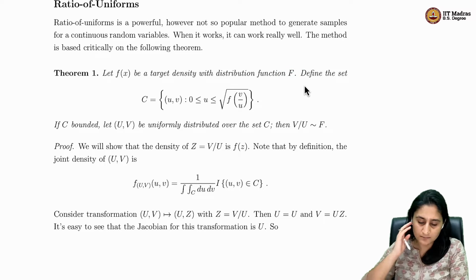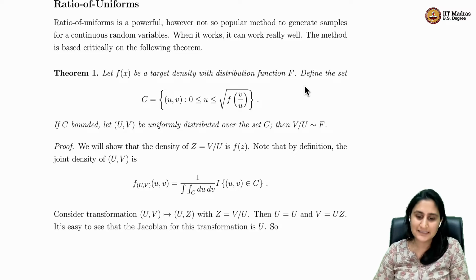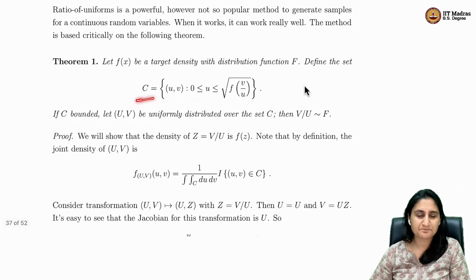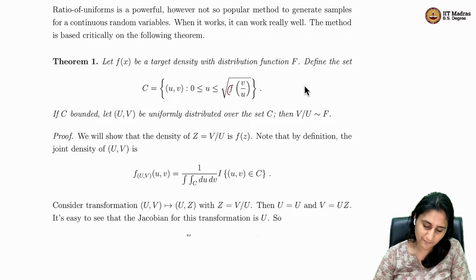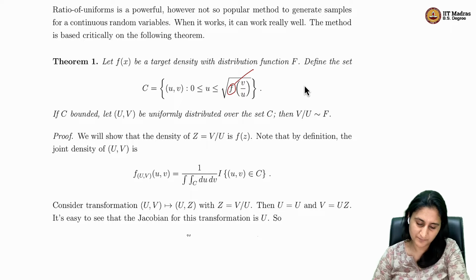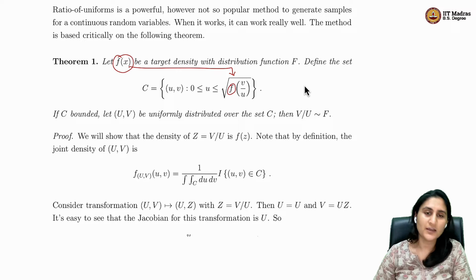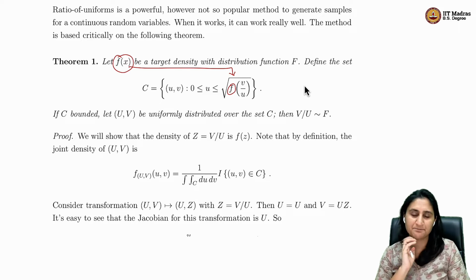Now we define the following set. It's quite arbitrary, but we define the set C such that it is the set of all tuples u and v, such that u is bounded below by 0 and bounded above by the square root of f of v by u, where this f is the same target density.